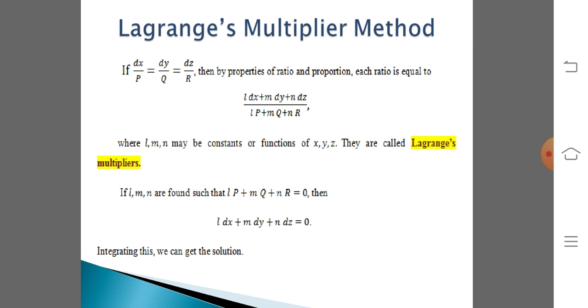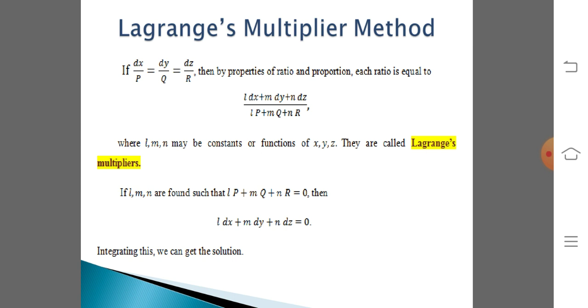Whenever the method of grouping fails to give the solution for the given Lagrange's linear equation, we have to use Lagrange's multiplier method. Let us see how to choose the multiplier for getting the solution.